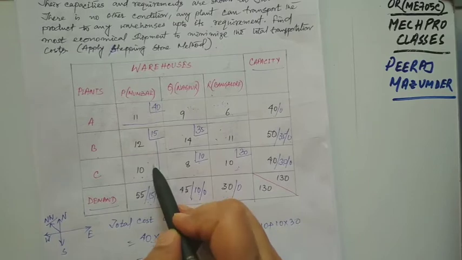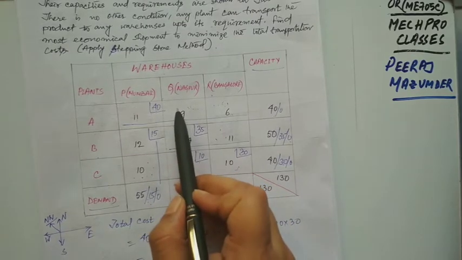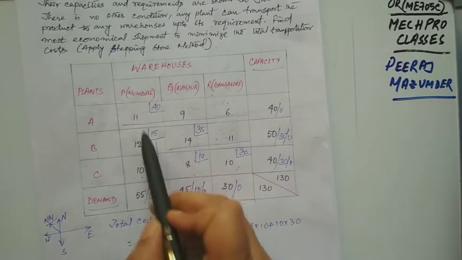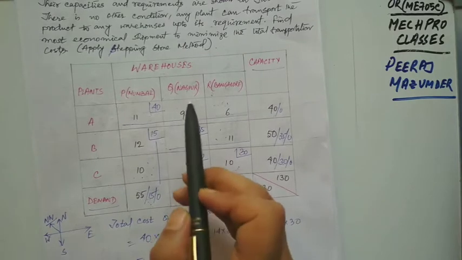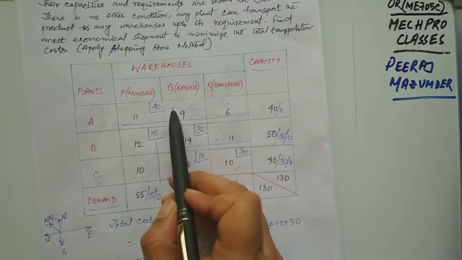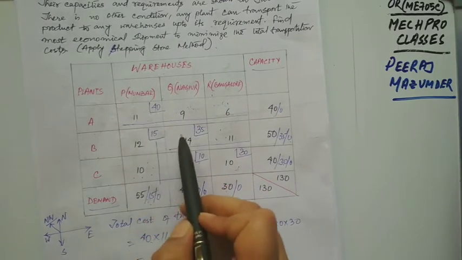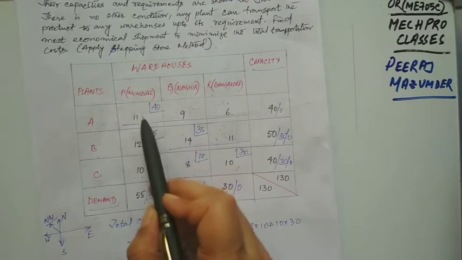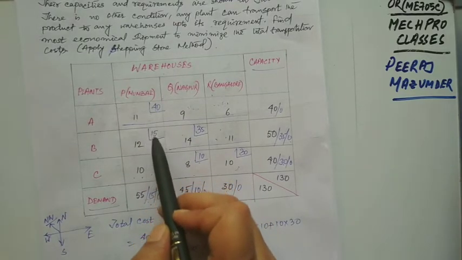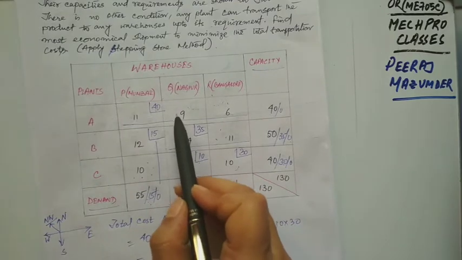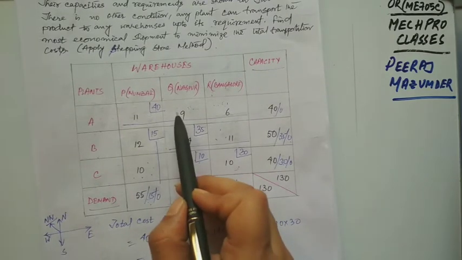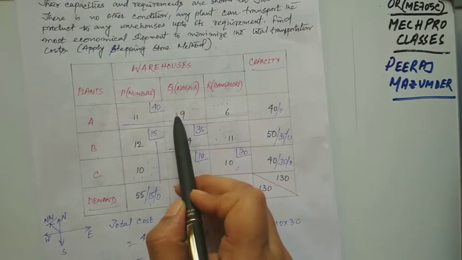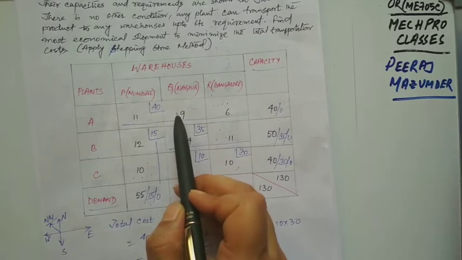Then you have started from here, you have to come back here only. And you have to go to the allocated cells as well. You have to go to the allocated cells via horizontal or vertical lines, and you have to come back to this particular cell where you have started. So keep in mind that thing. This is the first step.